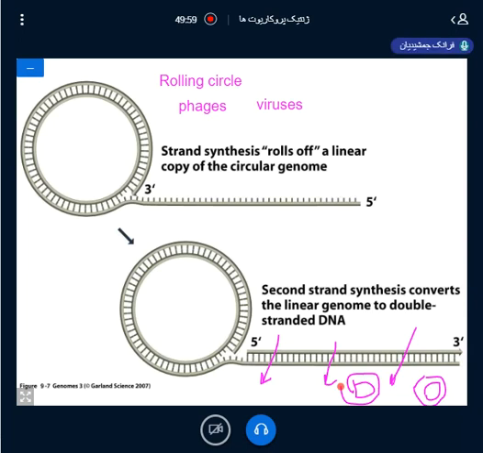Yes, Bushra, thank you so much. It was cos site. In lambda phage, it was cos site. So, what about the speed? Is this kind of replication slow or fast?